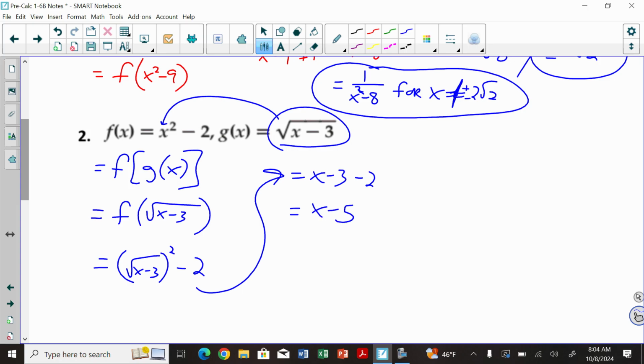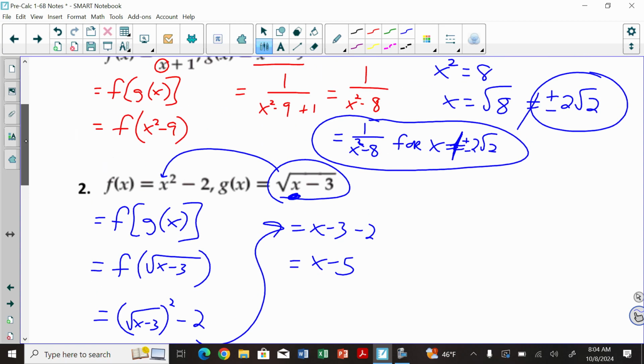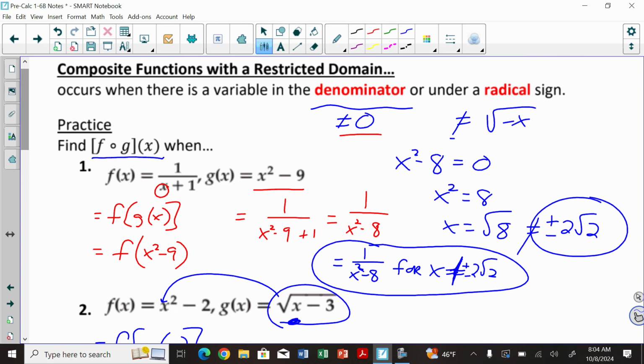Okay, so that's a tricky one because at first we look and say, yeah, that's good. We've got all reals. Everything works for x. However, it won't work as you're working through the problem if we have a problem here. If x is less than 3, it's going to give us a negative under the square root, and we can't have a negative radical. That was one of our rules here.